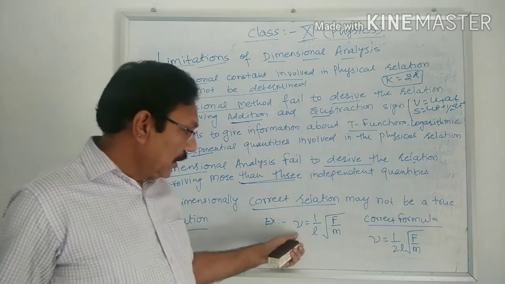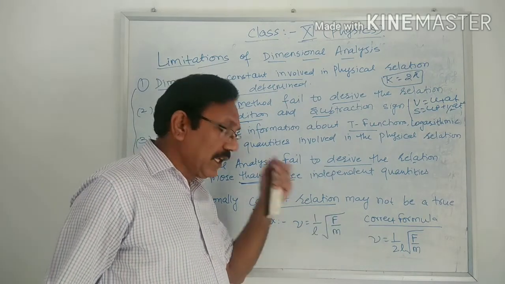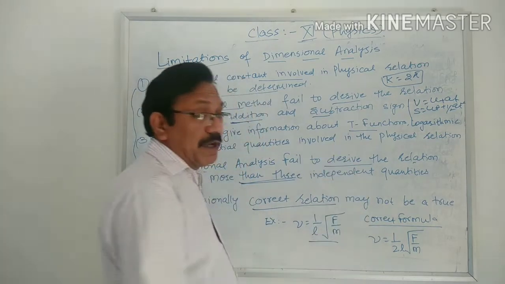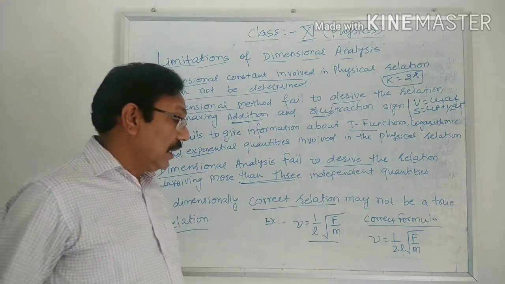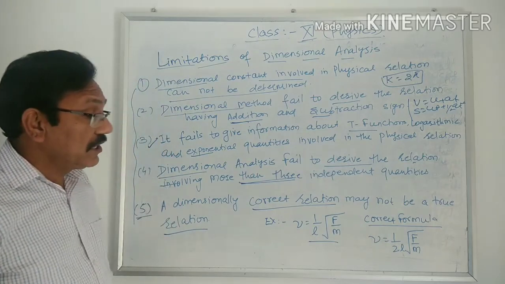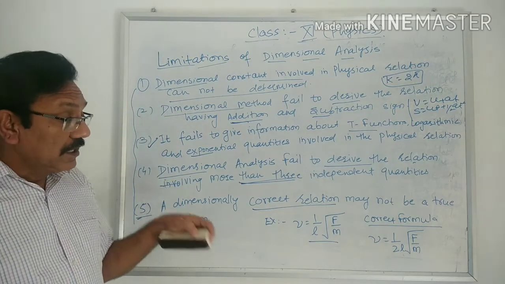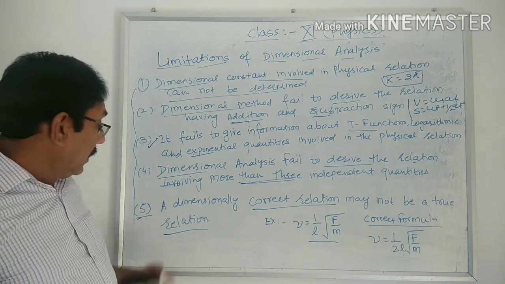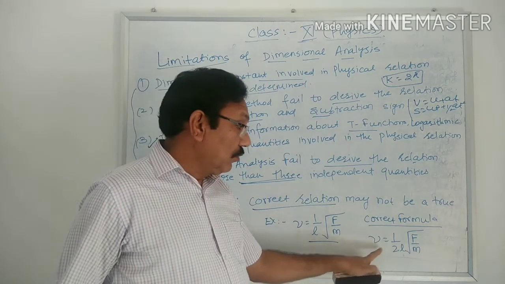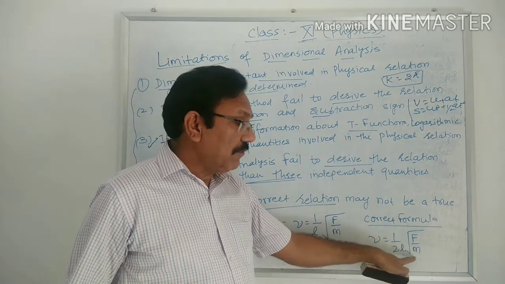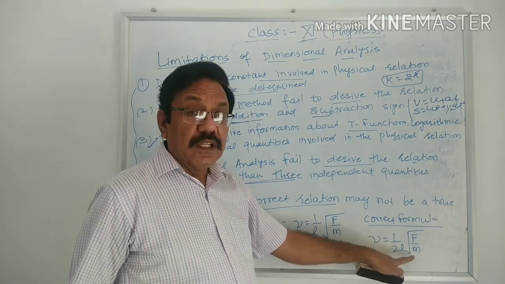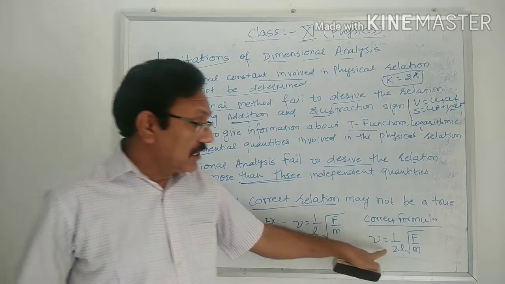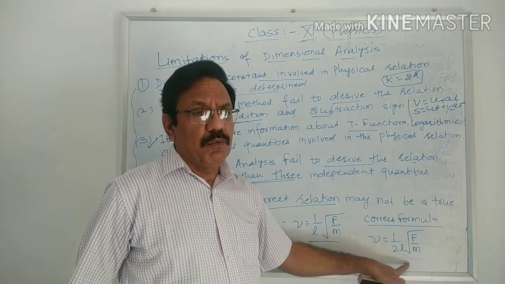Like the relation nu equals 1 upon 2 root f by m is dimensionally correct. The dimensions of the left hand side are the same as the dimensions of the right hand side, but this is not the correct formula. The correct formula for the expression is nu equals 1 upon 2l root f by m. This is the correct formula, while the other is dimensionally correct but not the correct mathematical formula.